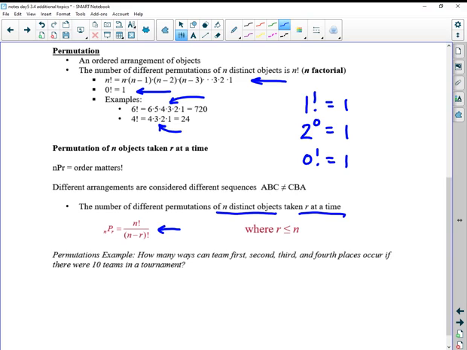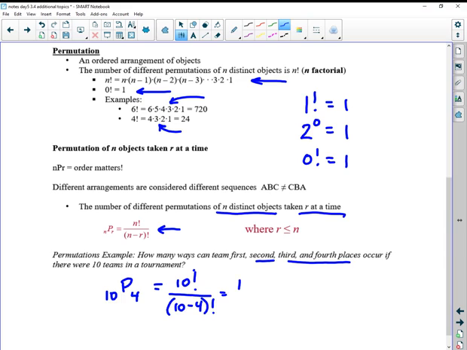So how many ways can first, second, third, and fourth places occur if there were 10 teams in a tournament? So there are 10 teams, and I want to pick 4, permutations for this. 10 factorial over, let's see, what is 10 minus 4 factorial?